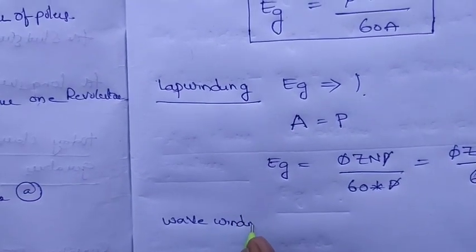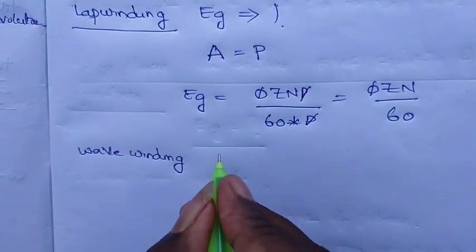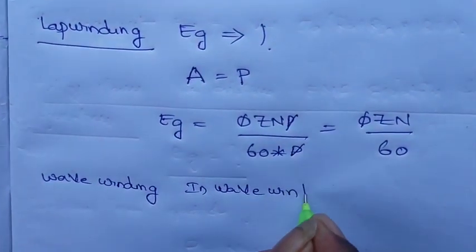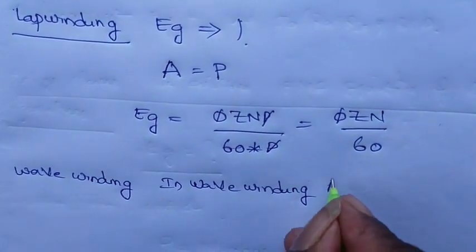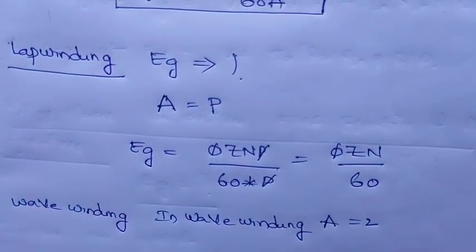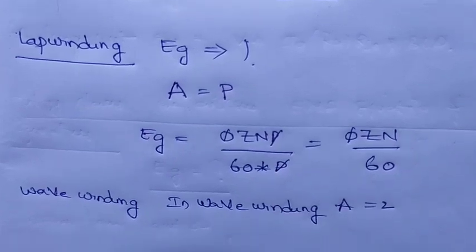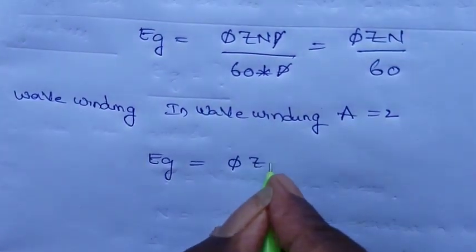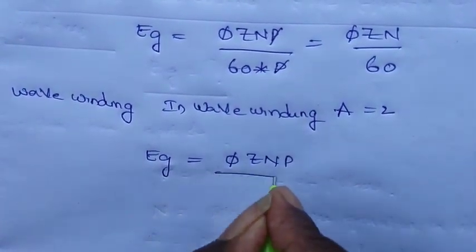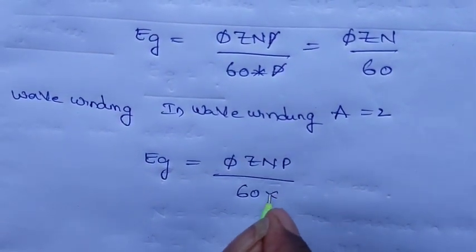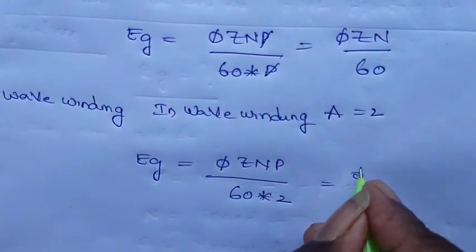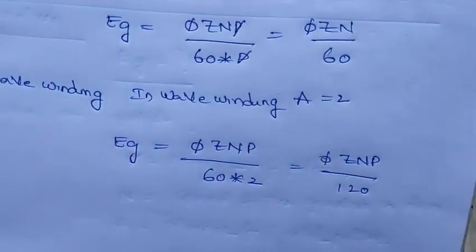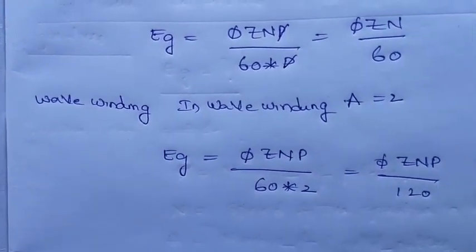Same like that, wave winding. In wave winding, A equal to 2. That is E equal to φZNP divided by 60 into 2, that is φZNP by 120.